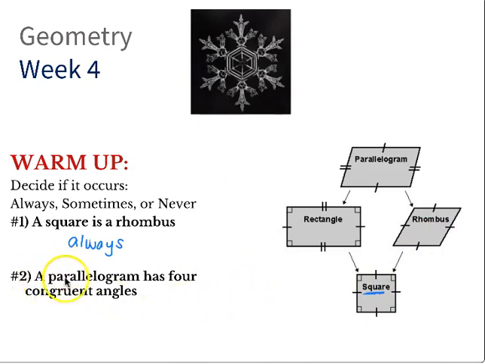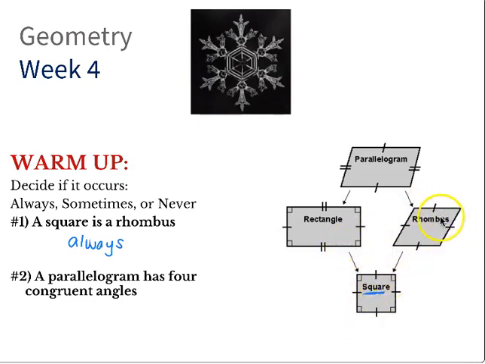Then we have a parallelogram has 4 congruent angles. Well, which quadrilateral does have 4 congruent angles? A rectangle has 4 congruent angles. All of them are right angles, as well as squares, which have all right angles, so they are all congruent.